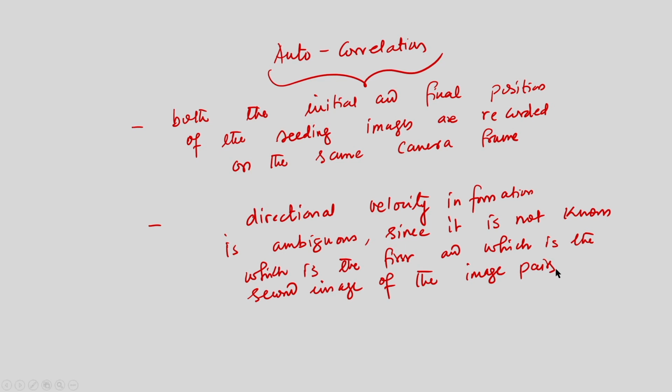That means, since we are capturing on the same frame, we cannot identify which is the first and which is the second image, and because of this we will have ambiguity in the directional velocity information.